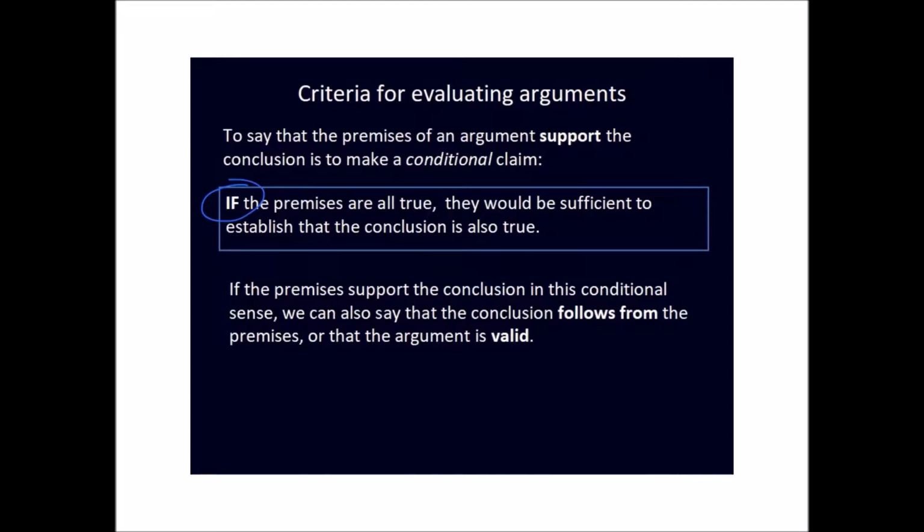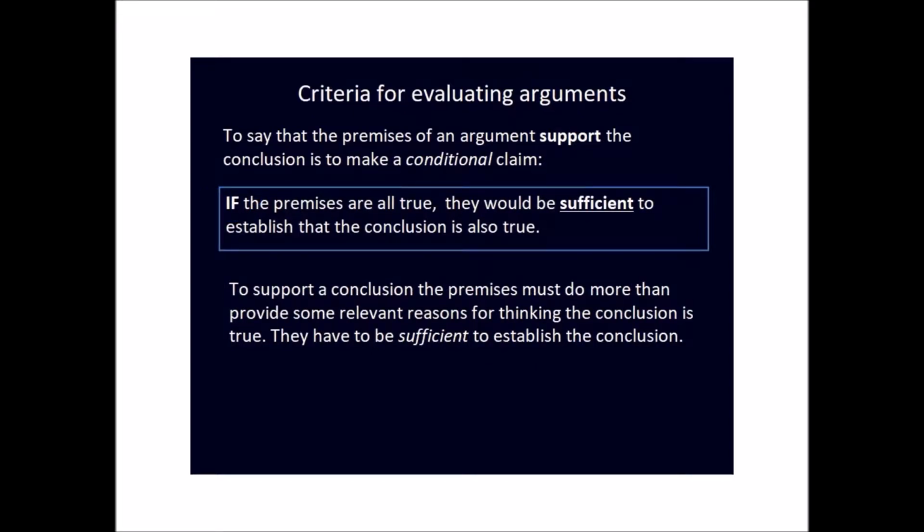Different terms that are used for that are valid. A valid argument is one that supports its conclusion in this conditional sense. Again, it just means if the premises were true, the conclusion would be established. In that case, you can also say that the conclusion follows from the premises.